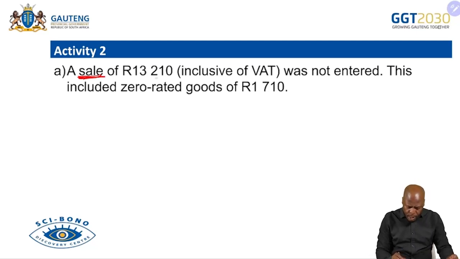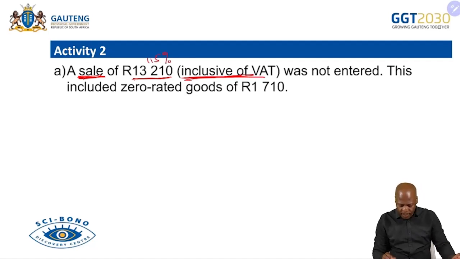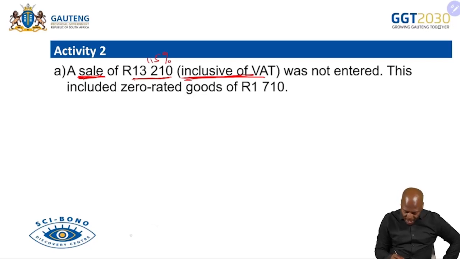They say a sale of 13,210, and this is inclusive of VAT. That means this is 115%. Was not entered. This included zero rated goods of 1,710. So we have that problem again in this activity. Let's see how we can do that. It then means I need to come and say my 13,210.